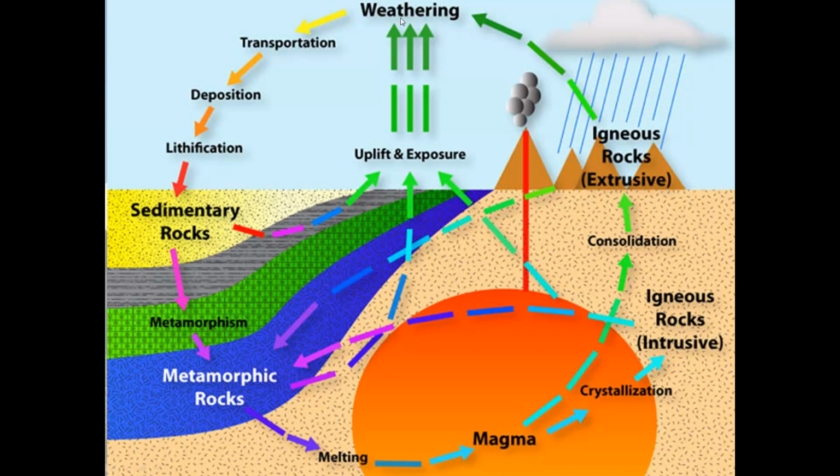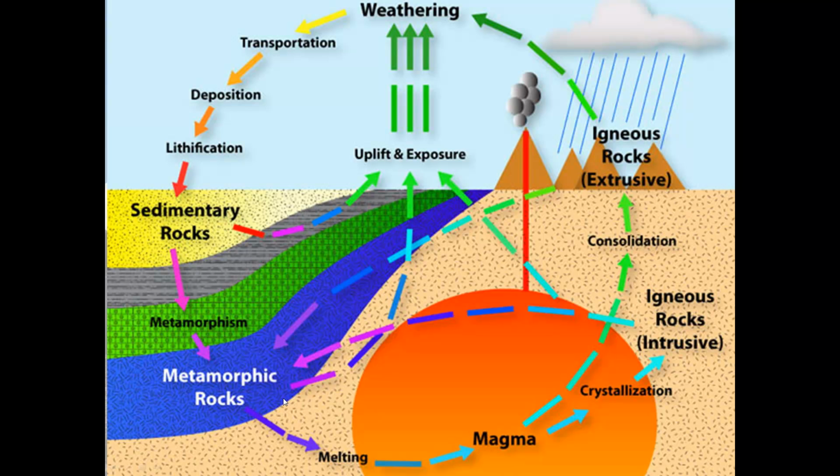And then the broken down parts are transported, and they may be deposited, and if they're deposited in a thick enough layer, they're lithified or turned into rock. And so that initial kind of rock from weathered rock material is called sedimentary. It sediments, it's buried. If it gets buried deep enough, it may come in contact with enough heat to deform.